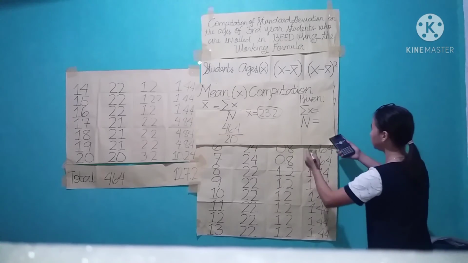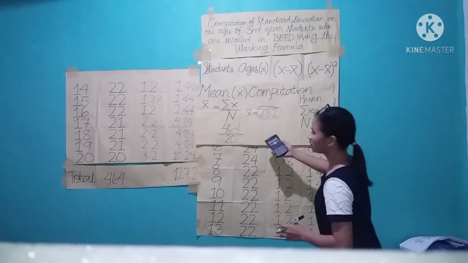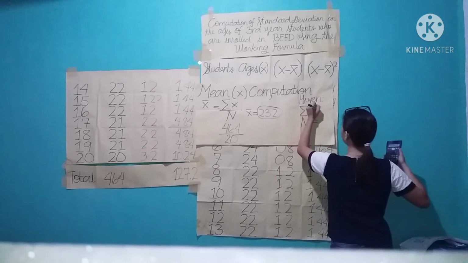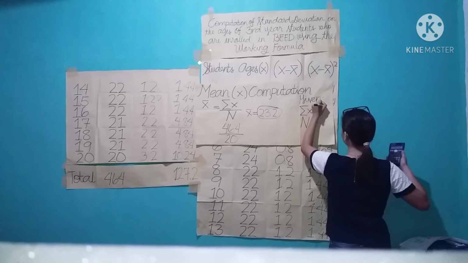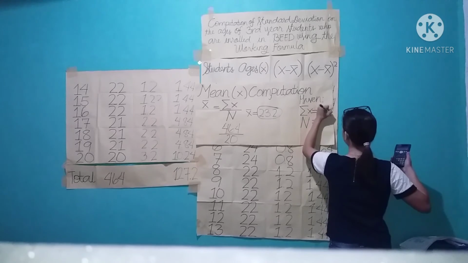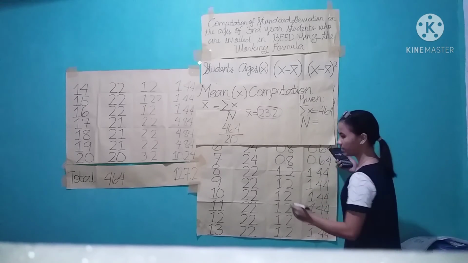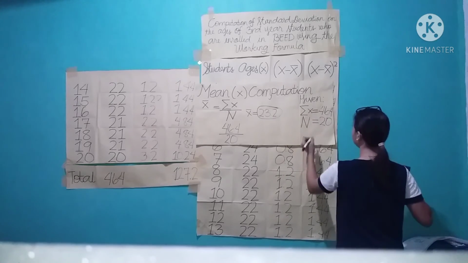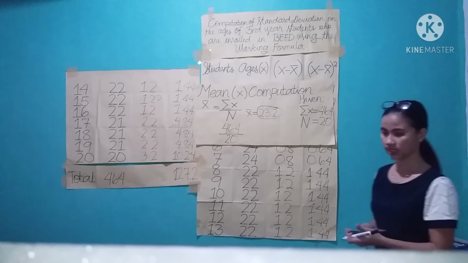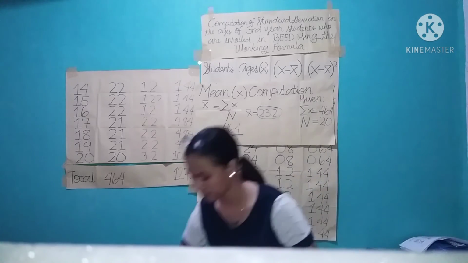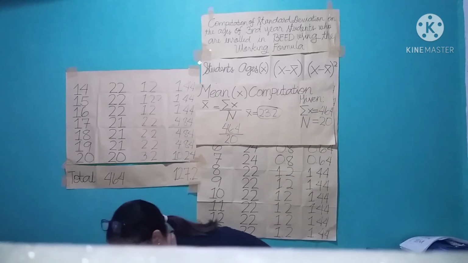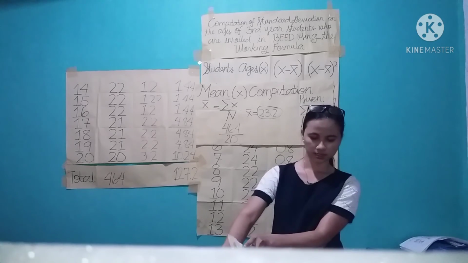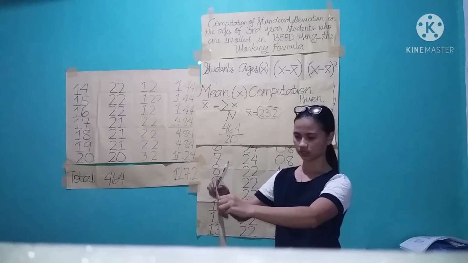The given is 464 and the 20 respondents or the number of students. So now let's proceed to the standard deviation, the final computation.